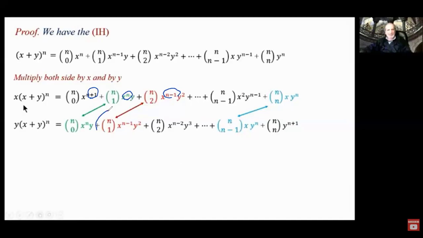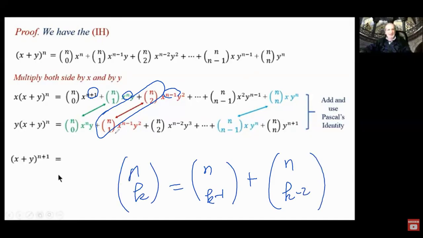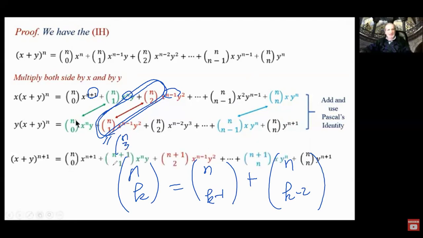What's Pascal's identity? The sum of those two, n choose k minus one plus n choose k minus two, okay, and n choose k. Okay. So the sum of those two, what is this? One, two, the sum is n choose three.